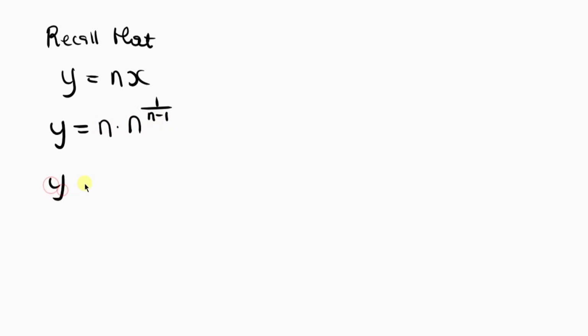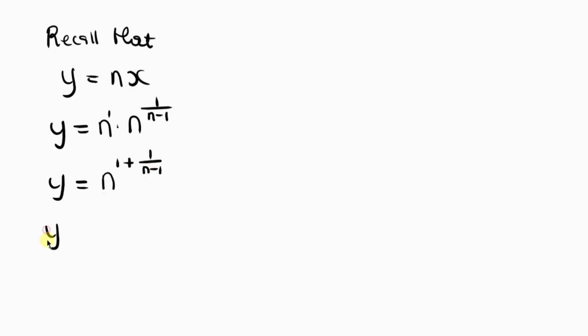So y will be equal to, the power of this n here is 1. Take note. And from the law of indices, as long as the base here and the base here are the same, I can take one of the base. And since they are multiplying, that means I should add the powers. The power here is 1 plus the power here is 1 all over n minus 1.